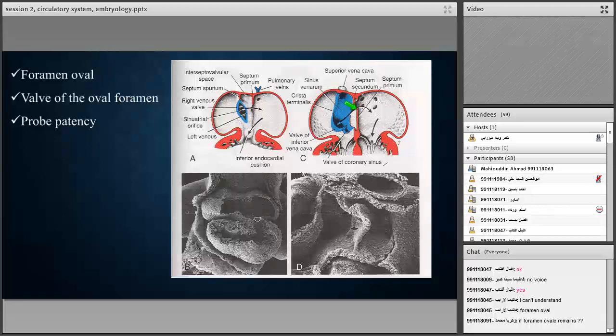When this part is disappearing, the remaining part of septum primum, I mean this part, is called the valve of the foramen ovale.